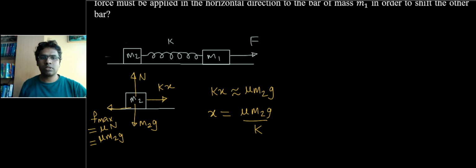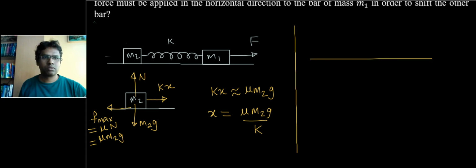Now let's look at the force applied to the other block and what is happening with it. Obviously this block must move, otherwise we will not get the required extension.